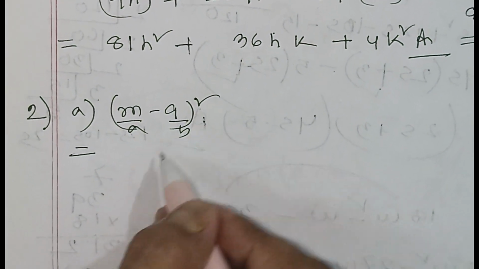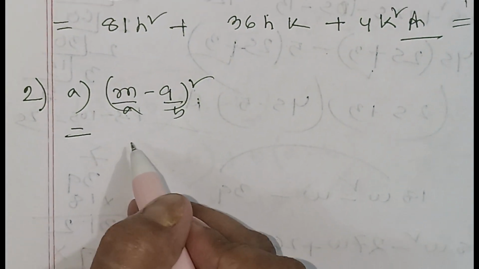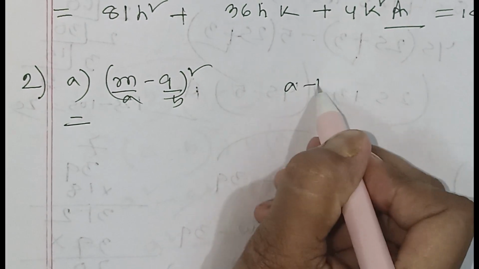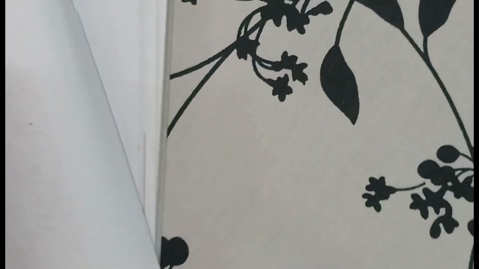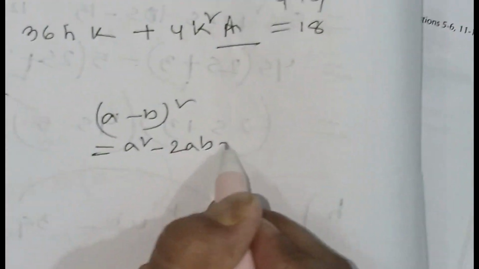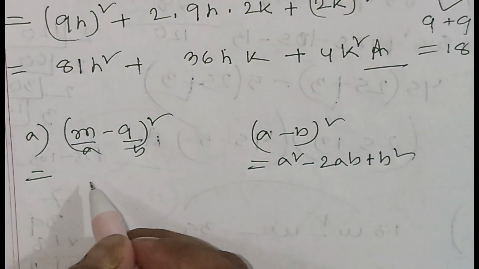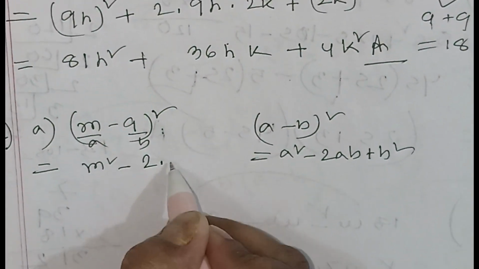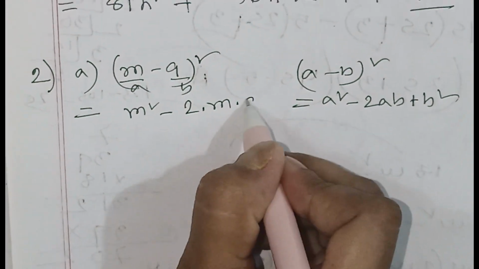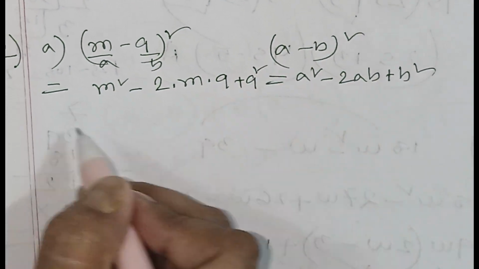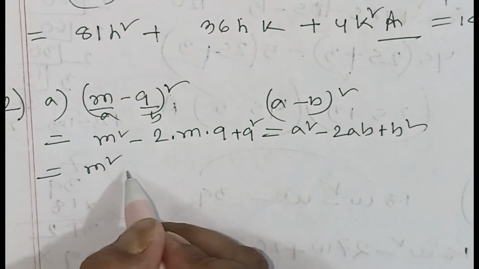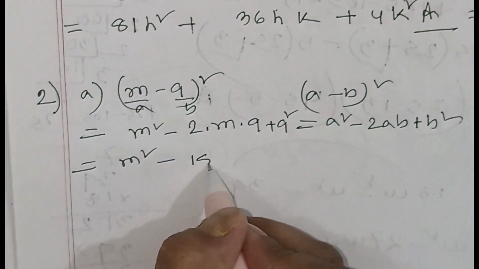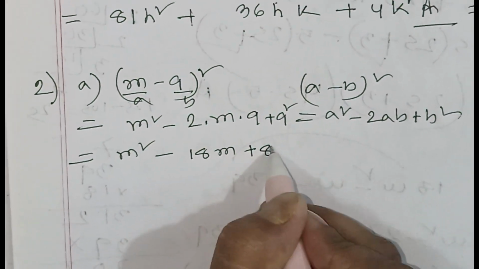Use the formula (a minus b) whole squared, which is a squared minus 2ab plus b squared. So here a is m squared minus 2 times a, which is m, and b which is 9, plus b squared. So m squared, then calculate 9 twos are 18m, plus 9 whole squared means 81. That's it.